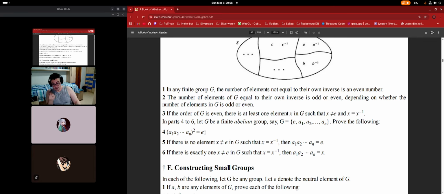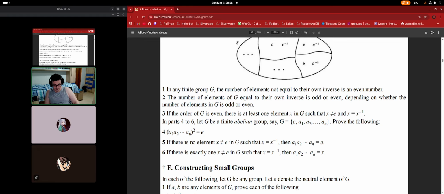If there is no element x different from identity such that x is equal to its own inverse, so there are no elements in G that are their own inverses aside from the neutral element, then if you apply the operation on all the elements of G, it must be equal to E. That is the case precisely because it is an abelian group, which means that you're going to be able to rearrange this.